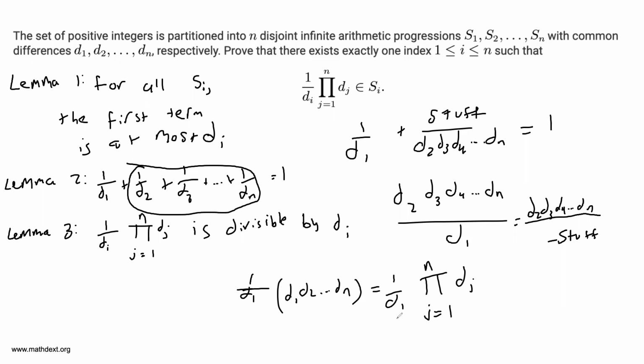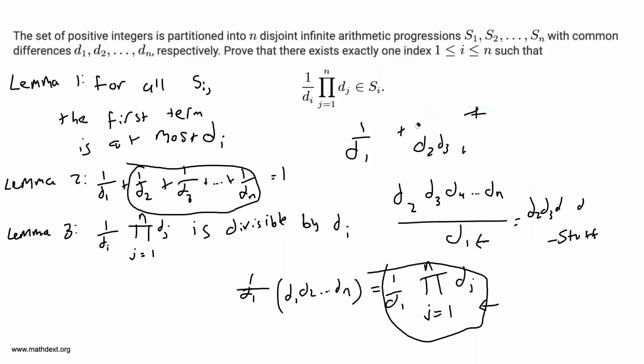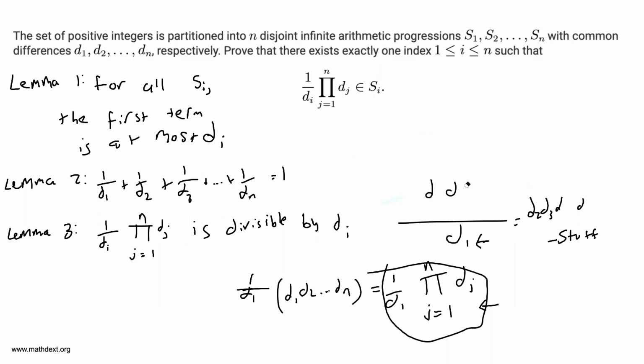Which means that this thing is on the numerator and d1 is on the denominator, and this divided by that is a positive integer. And what that means is that this thing over here is divisible by d1. And we can do this for any i, not just 1. We can generalize this, and that is enough to prove our lemma 3.